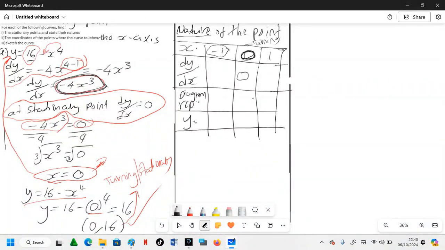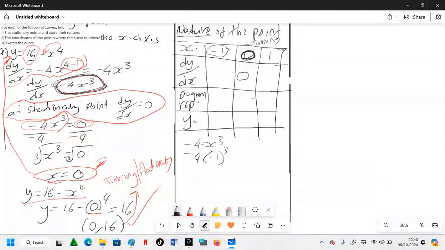Remember, the neighborhood of 0 on the number line. To the left is negative 1 and to the right is 1. So let us put negative 1 in dy dx so that we get dy dx. The equation for dy dx is negative 4x to the power of 3. So it will be negative 4 times negative 1 to the power of 3. And negative 1 to the power of 3 is going to be negative 1.